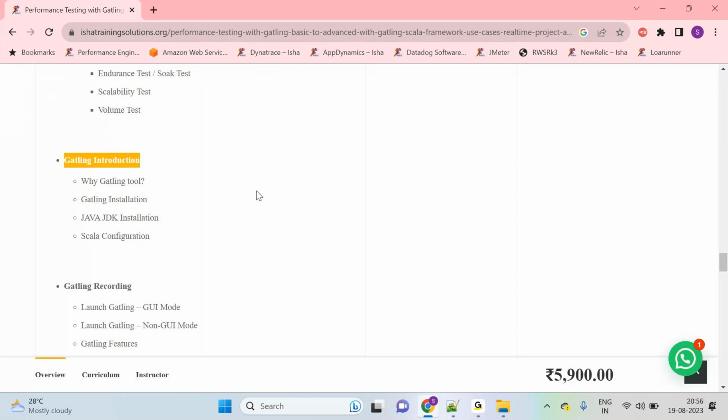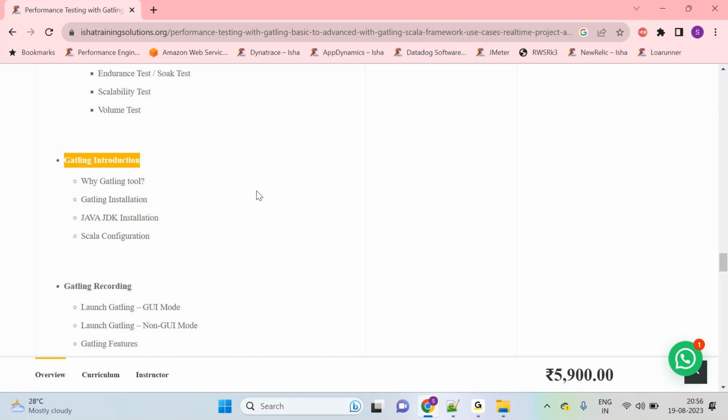There are other prerequisite things too. For example, we are going to configure Java, or Scala, because Scala is the language in which Gatling works. Or sometimes, if you are going to write customized code, you will use the IntelliJ editor. That means how you set up the IntelliJ editor, or how you build your code and then execute it.